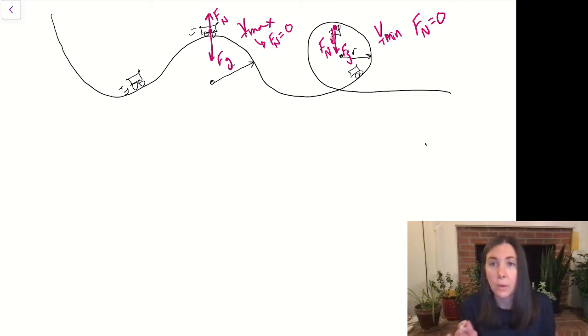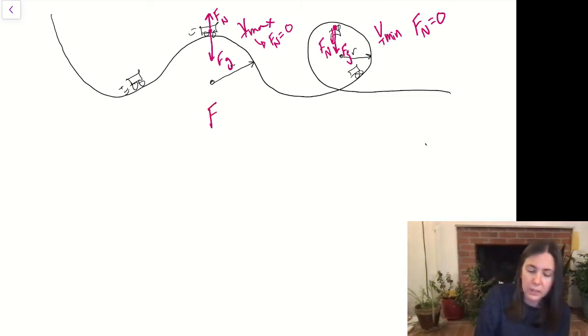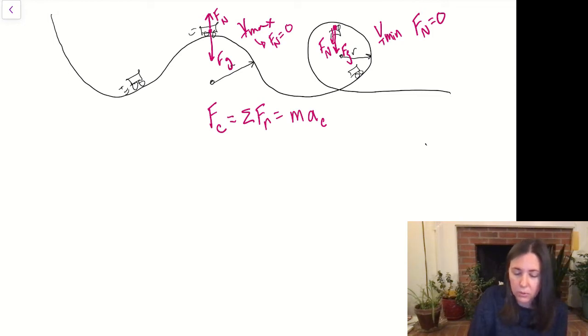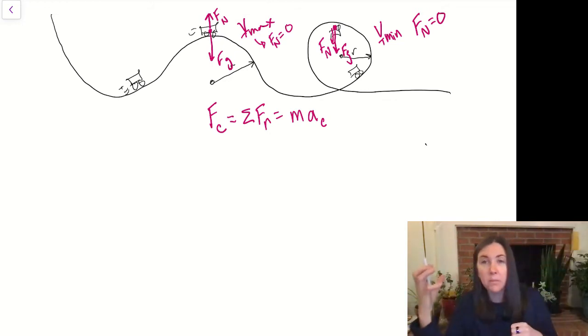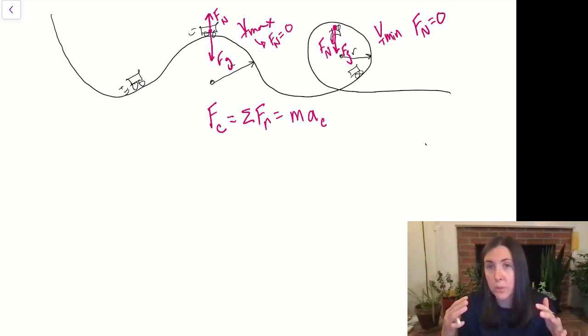When you're talking about circular motion, we can say that the sum of all of the forces in the radial direction is the mass times the centripetal acceleration. For both cases, surprisingly enough, if you're looking at this maximum or minimum value, the normal force is 0, and so you're left with just the force of gravity.